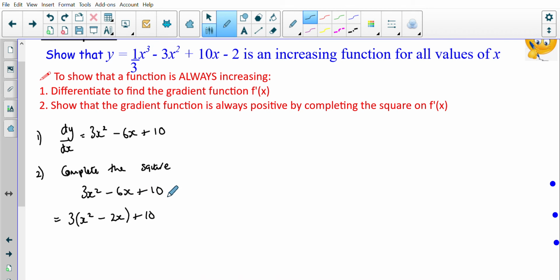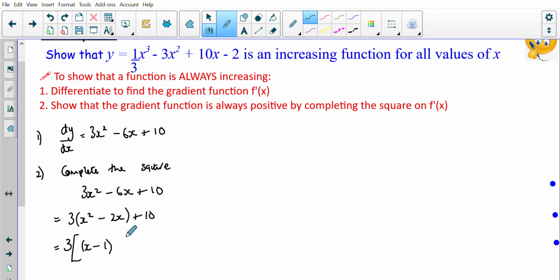So I'm leaving the plus 10 alone and just factorising the 3x squared minus 6x. Now I'm going to complete the square on just the x squared minus 2x. So I'm going to do that inside big square brackets.